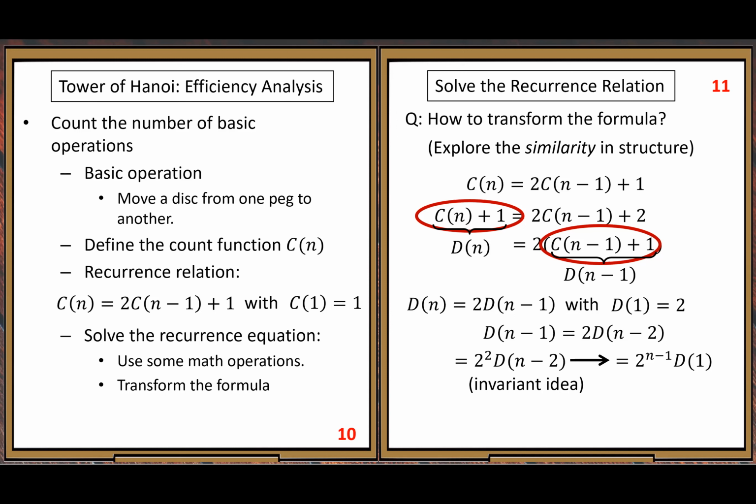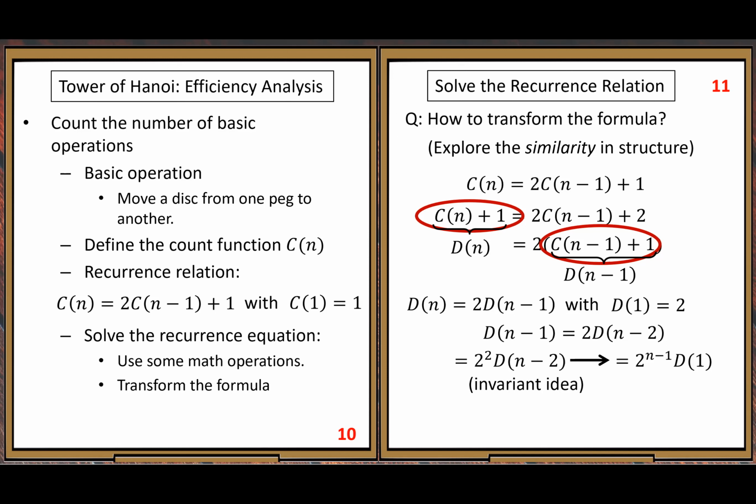For the last step we want D of 1, the base case. So the number inside the parenthesis is 1 and the exponent should be n minus 1, because n minus 1 plus 1 should be n. So we can figure out the exponent of the power of 2 for the last step.